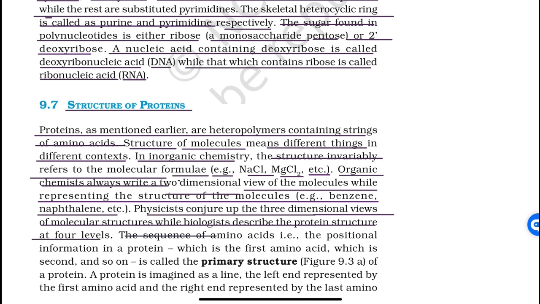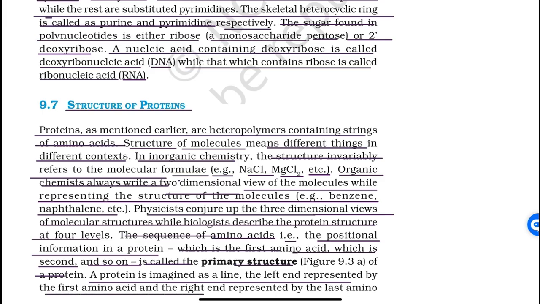The sequence of amino acids, it means the positional information in a protein, which is the first amino acid, which is second, and so on, is called the primary structure of a protein. A protein is imagined as a line, with the left end represented by the first amino acid and the right end represented by the last amino acid.